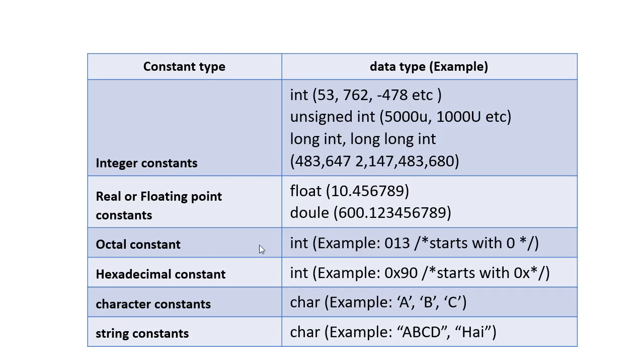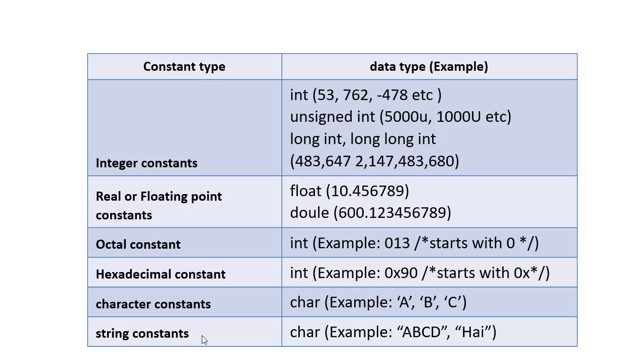Then octal constants, they are octal numbers. Then hexadecimal constants start with 0x, for example 0x90. This is a hexadecimal constant. Then character constant: here are some alphabets, written in a single quote, for example 'A', 'B', 'C'.